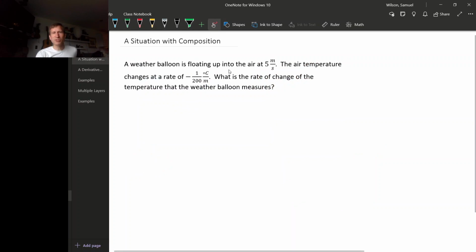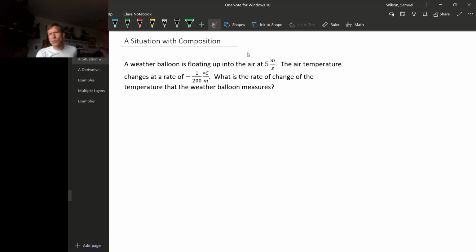Suppose we have a weather balloon that's floating up into the air at 5 meters per second, and the air temperature that day changes at a rate of minus 1 over 200 degrees Celsius per meter. Right, as you go upwards, the temperature drops. So this is how quickly the temperature is dropping as you ascend into the atmosphere. What is the rate of change of the temperature that the balloon measures?